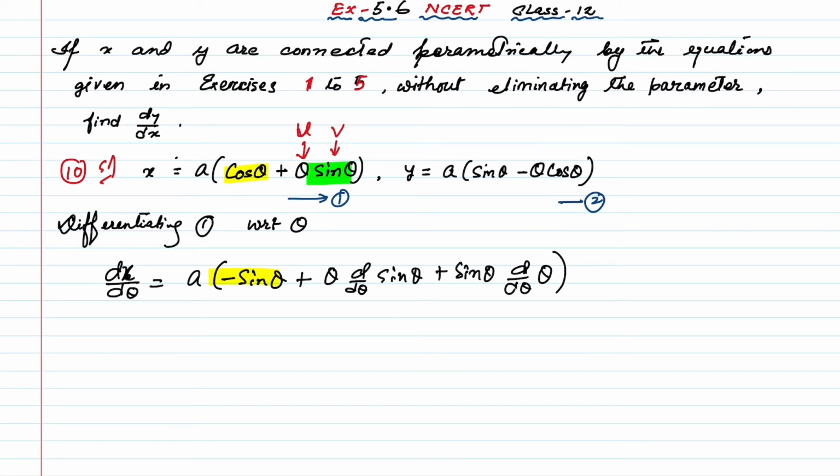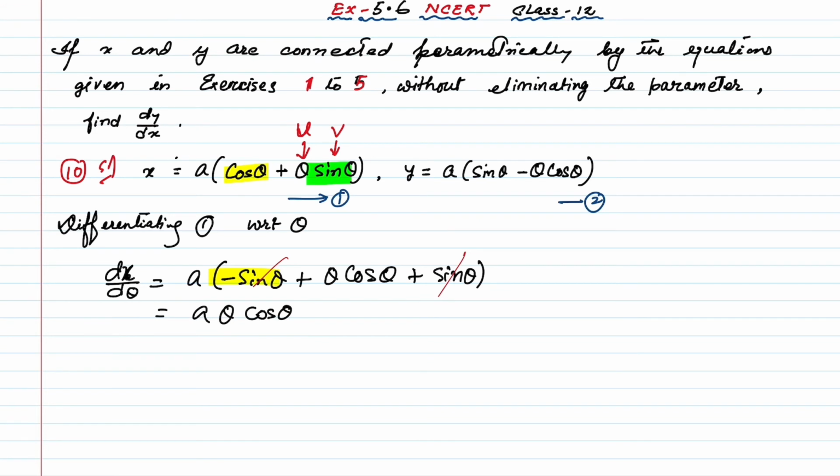If you differentiate sin theta, you will get cos theta, so here we will get theta cos theta, and the derivative of theta with respect to theta is 1, so simply we have sin theta. So this is our final result, again plus sin theta minus sin theta gone. That's why what we have got is a theta cos theta.